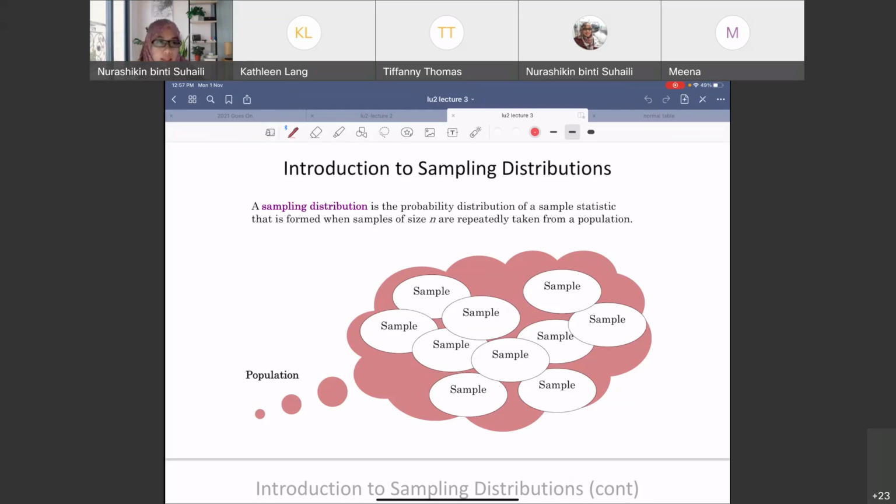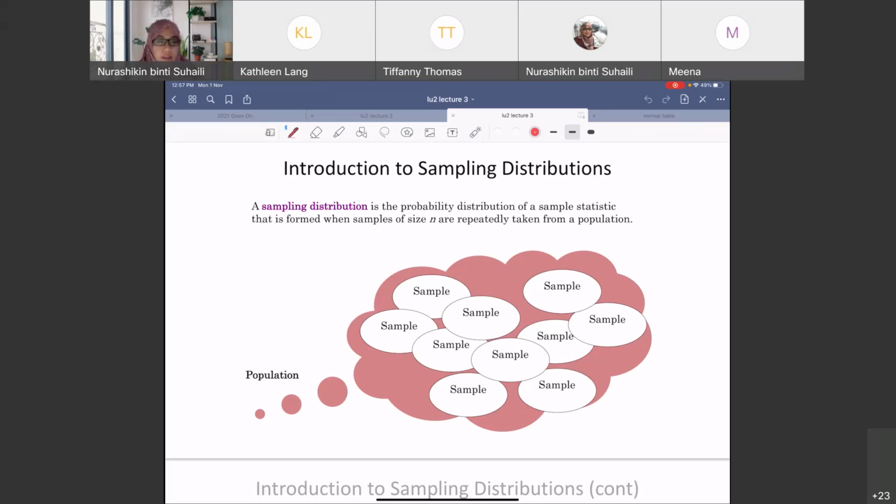Before this, I introduced you to the concept of population. When we talk about sampling distribution, it is related to a situation whereby you have a population, and of course you have things inside it. But then you keep taking samples repeatedly from the population in order to give some values.